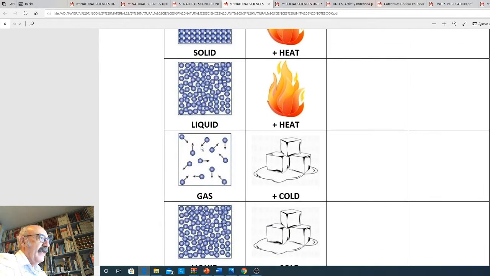Then you have a gas and you take off heat, or put cold, and you get this gas turned into a liquid. For example, when you put ice into a drink, after some minutes you can see the ice turn into liquid.